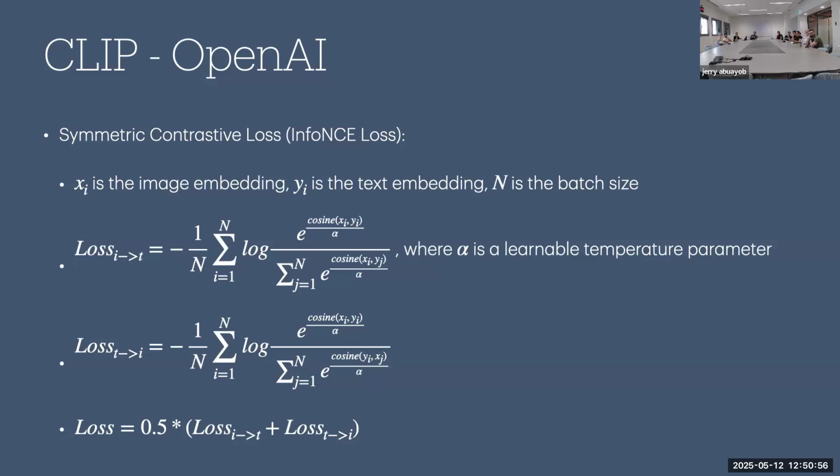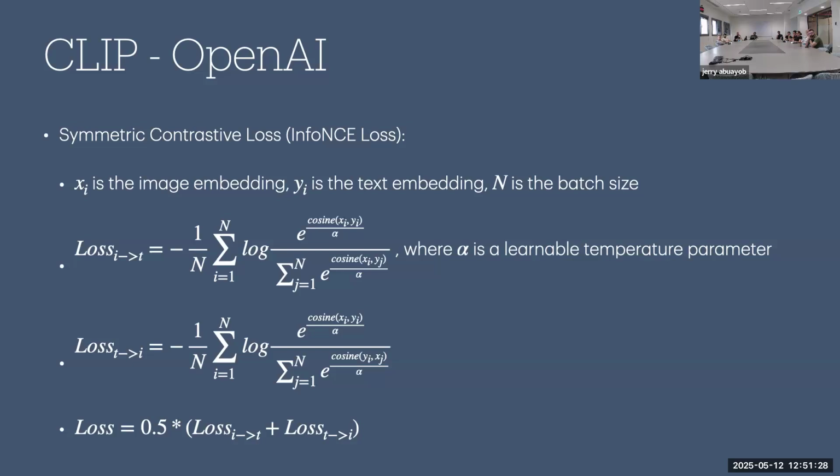One from the text perspective and one from the image perspective. So from image to text, it's the same loss function, but with different values. So we have the exponential of the cosine similarity between the image and the text, and alpha over here is just a temperature parameter. It's actually learnable. So it's like a softmax over here, but on the similarities.